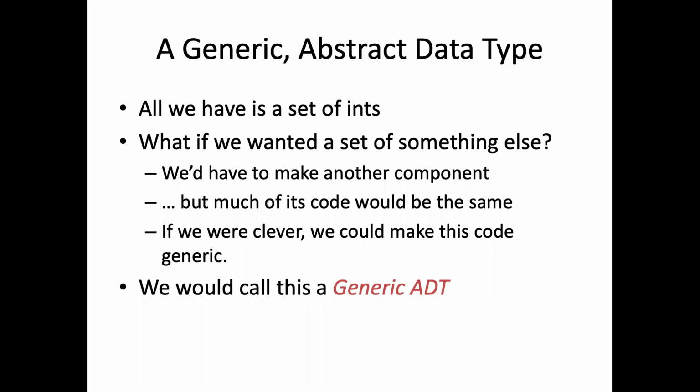At least we ought to be able to figure out how to do that without having to rewrite the same code over and over again. We've got a new name for that, and we'd call it a generic abstract data type, kind of like generics in Java. In Java, you might do this with a type parameter.